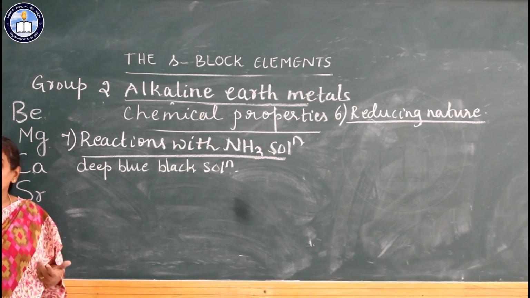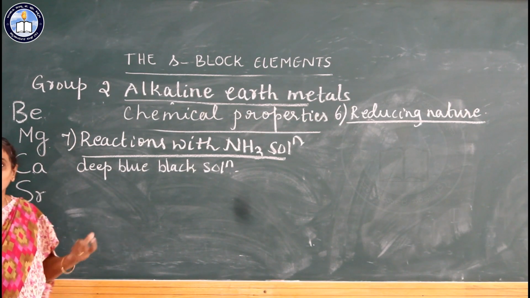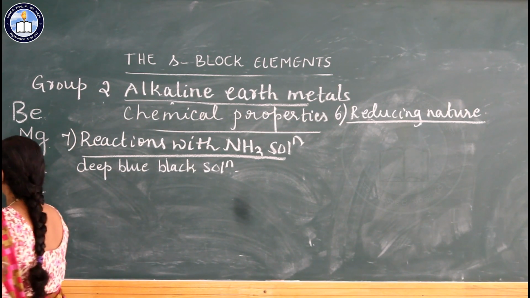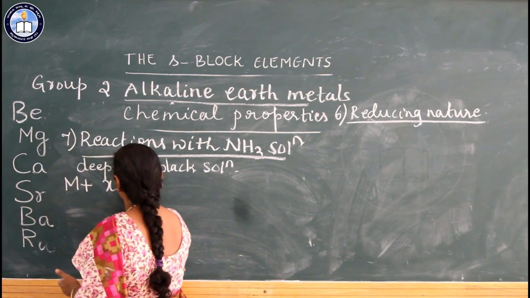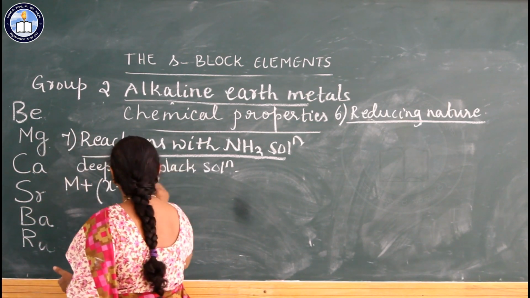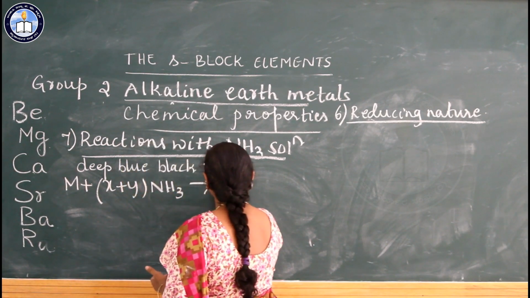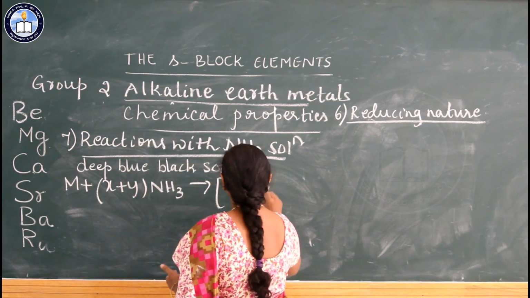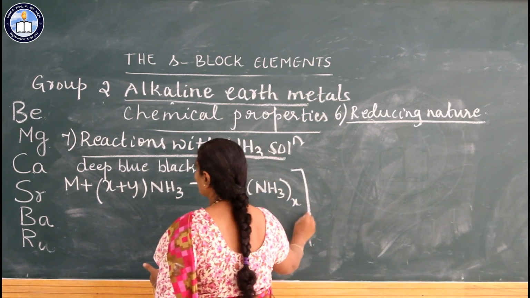So let us write the equation involved in the reaction with ammonia solution. M denotes alkaline earth metal, M plus x plus y ammonia solution forms M(NH3)x.